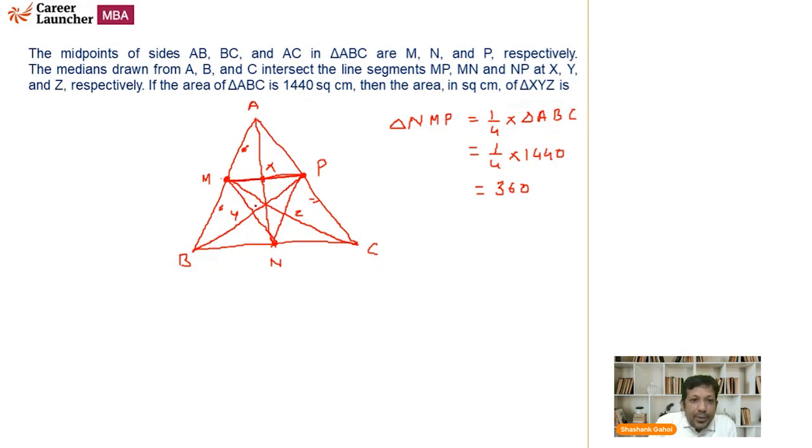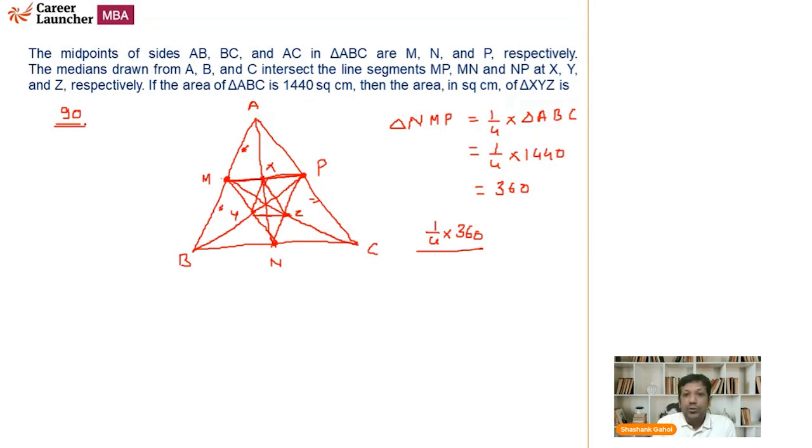Now this is the midpoint, this is the midpoint, this is the midpoint. What is going to happen now? Again, I can say that the area of triangle XYZ will also be 1/4 of this triangle. So what is 1/4 of this triangle? That is 1/4 of 360. So this area is directly going to be 90 square centimeters. So my answer of this question is going to be 90.